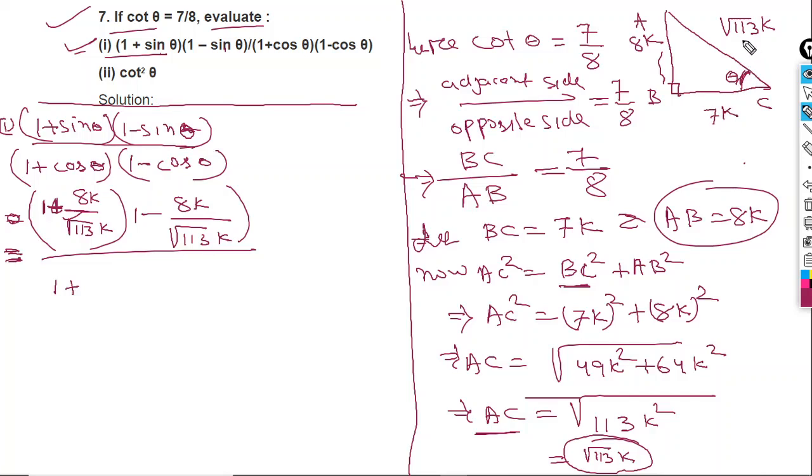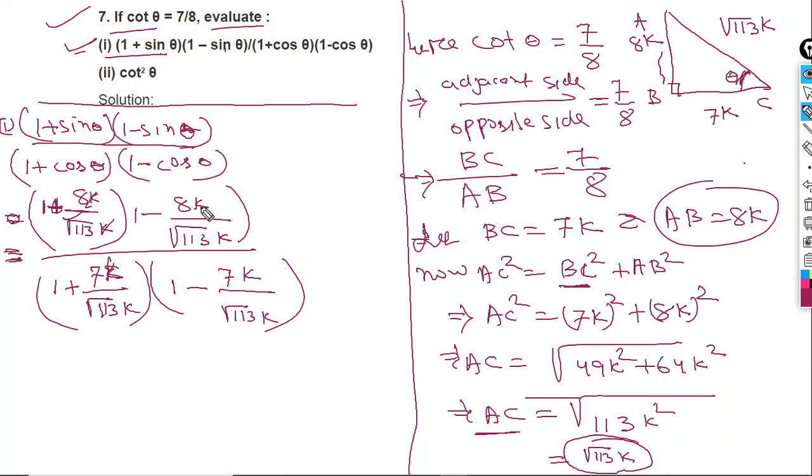So 7K divided by root 113K, whole into 1 minus 7K, same 7K divided by root 113K. Now you cancel the K's here, K will be cancelled, here also K will be cancelled, same here also K will be cancelled.